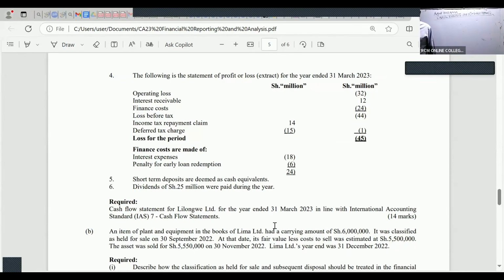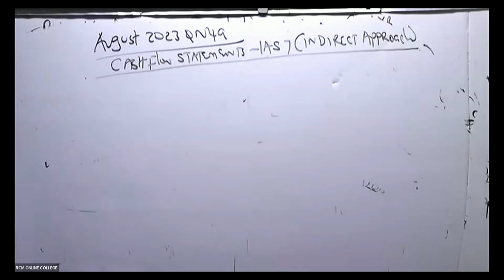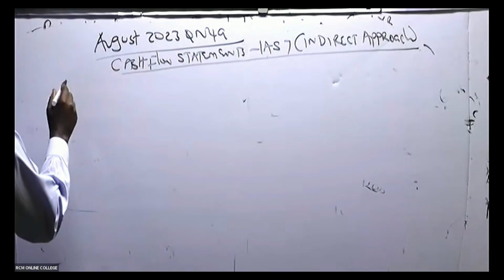Whenever the examiner is silent as to the approach you should use, we shall always use the indirect method. Remember, cash flow statements have three sections that we will always be remembering. The first section of our cash flow statement is what we call cash flow from operating activities.